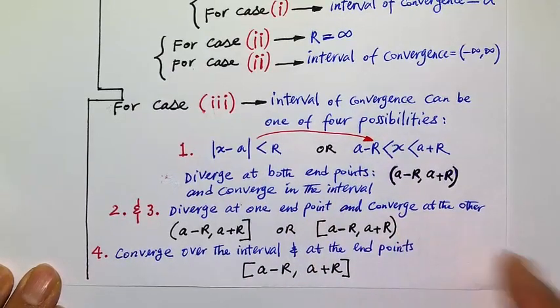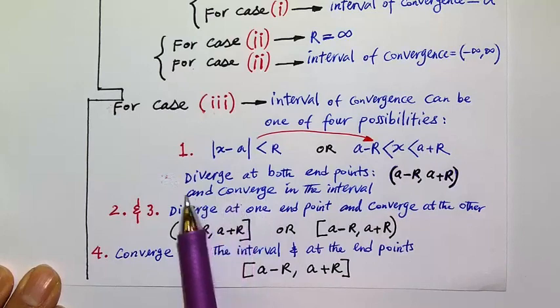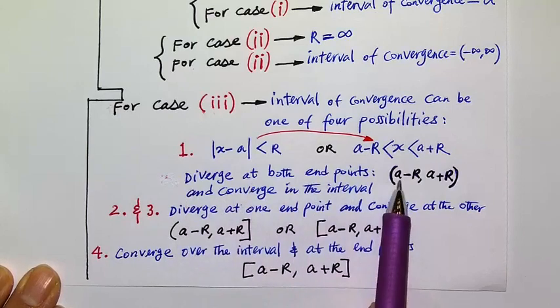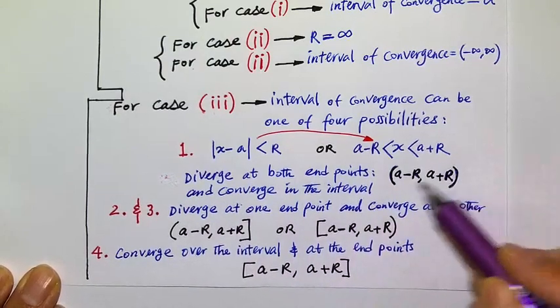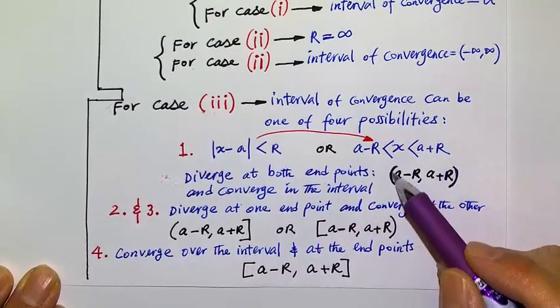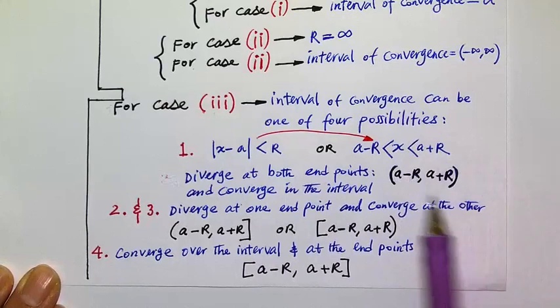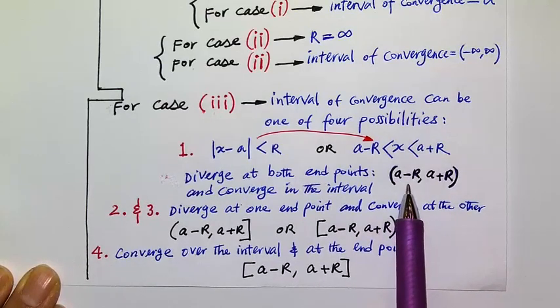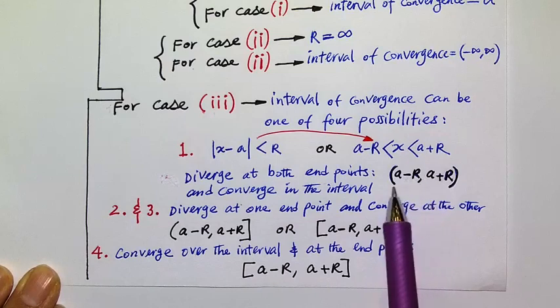Okay? And it diverges at both endpoints, shown as parentheses. So if you have parentheses on each side, that means that the interval of convergence is only for values that are within that interval, but at the endpoints, the series diverges.